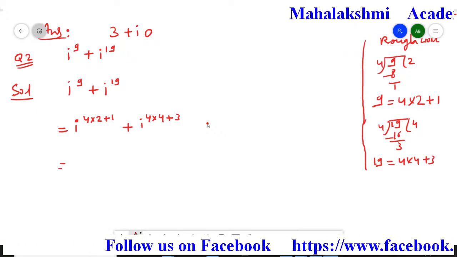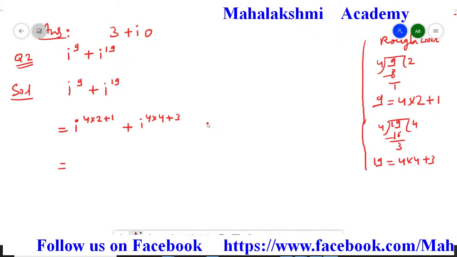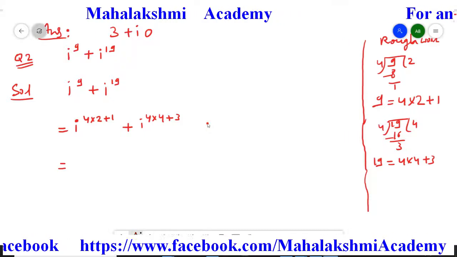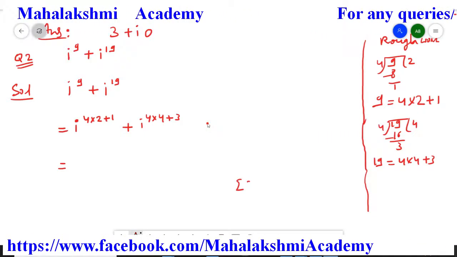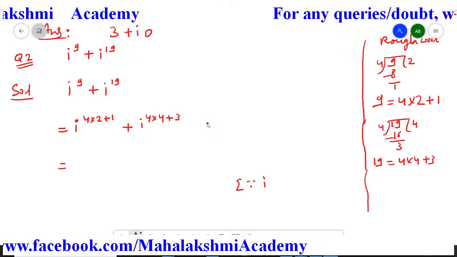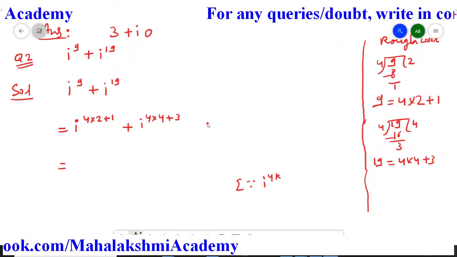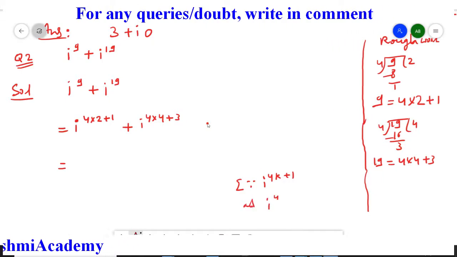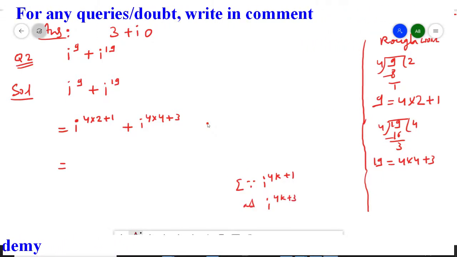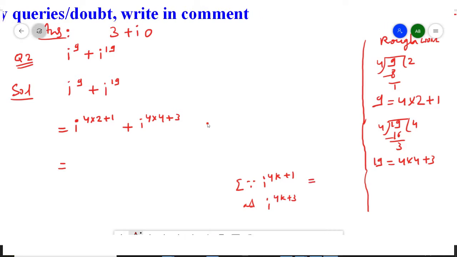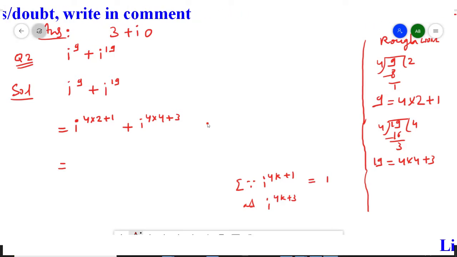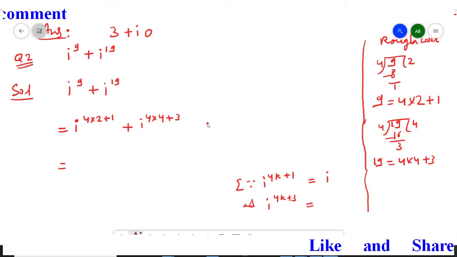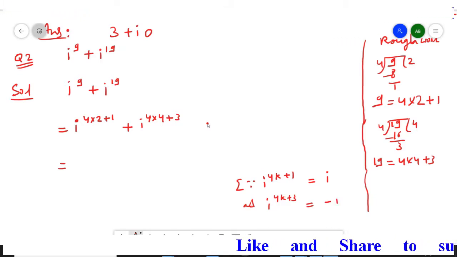Now the formulas which I wrote in the previous video are: if we have iota's power in the form of 4k plus 1 and iota's power 4k plus 3, then the answer for 1 is the same as iota's power 1, that is only iota, and if we have 3, then it's going to be minus iota.